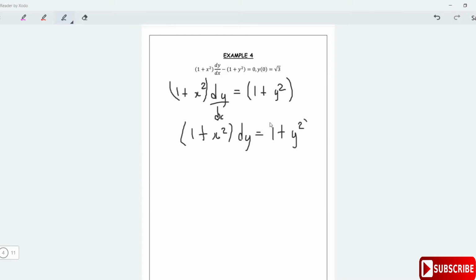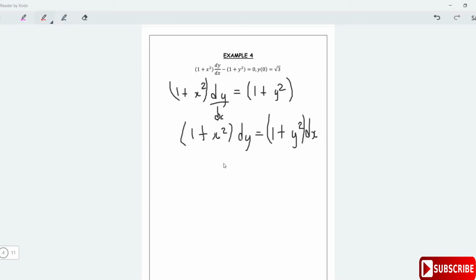1 plus y squared times dx. Then remember, our ultimate goal is to get the x terms on one side and the y terms on one side. So divide out 1 plus x squared and divide 1 plus y squared.